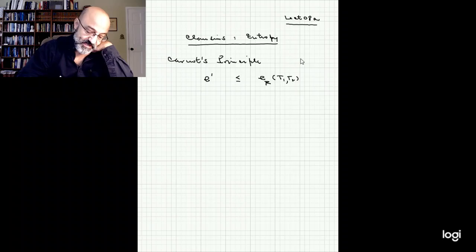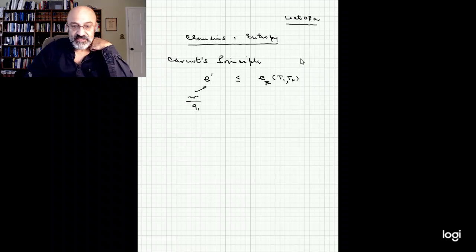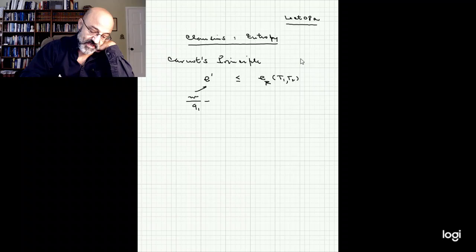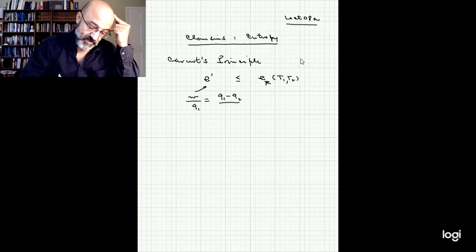So on the one side, this is the amount of work divided by the input heat, and we can write it as work is the amount of heat you get from the high temperature reservoir, subtract the amount of heat discharged into the low temperature reservoir, divided by Q1.